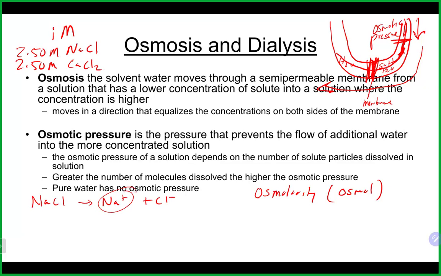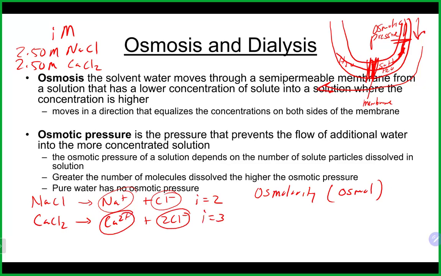How many total ions is that? That is 2: one sodium, one chloride. So i in this case would equal 2 for sodium chloride. And if we have calcium chloride, when it breaks apart, you get a calcium ion and 2 chloride ions. That's a grand total of how many ions? That's 3, one there and two there. That would give us an i value of 3.